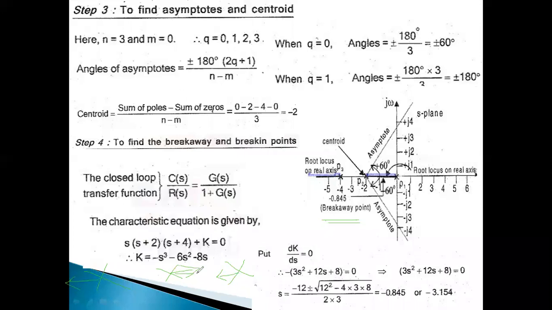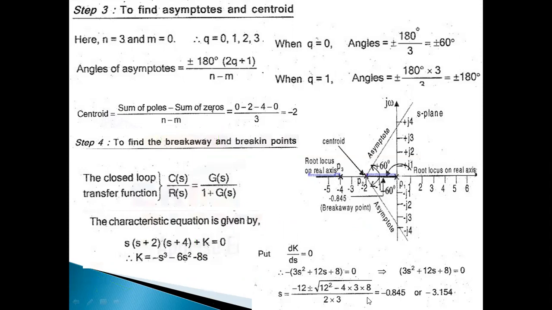So when 2 root locus branches are coming in opposite directions, there is a breakaway point. So you will get some breakaway point, and one root locus branch moves in the upward direction, the other one moves in the downward direction. That is also given by the angle 180 by the number of branches intersecting, in this case 2 branches intersecting each other.